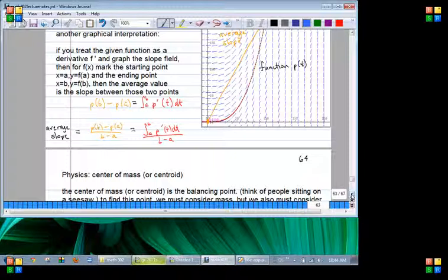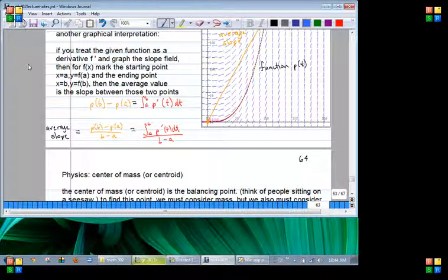Exactly. Wherever there's more mass, the center of mass gets pulled in that direction. So we're going to come up with a way, based on our calculations, to actually figure out what that is.